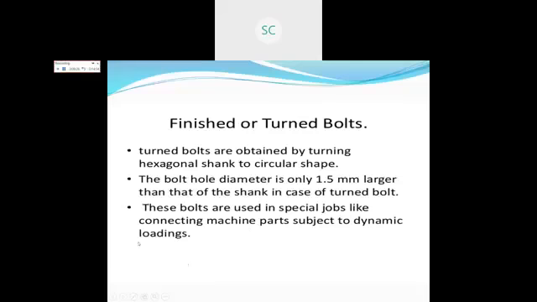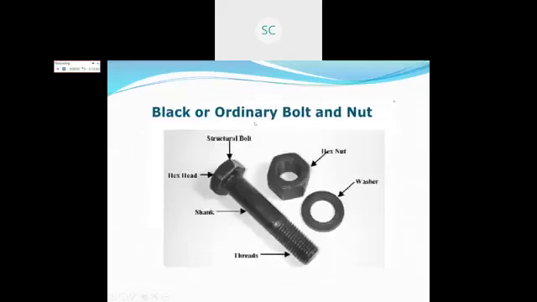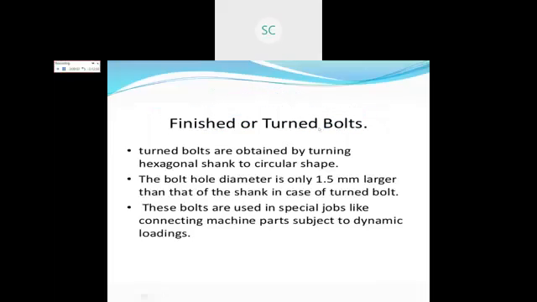As I told earlier, unfinished or black bolts are used for ordinary structures and connections, and finished or turned bolts are used for important structures, for dynamic loading also. The hole diameter is only 1.5 mm larger than the shank, but for unfinished bolts it is 2 mm larger than the shank. You can provide much bigger than this.